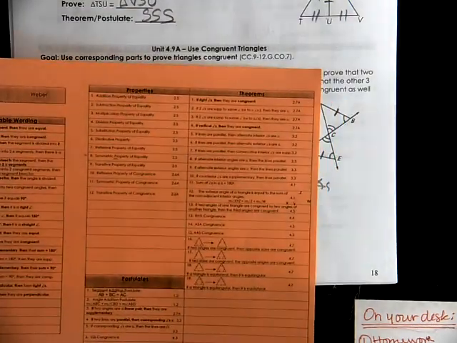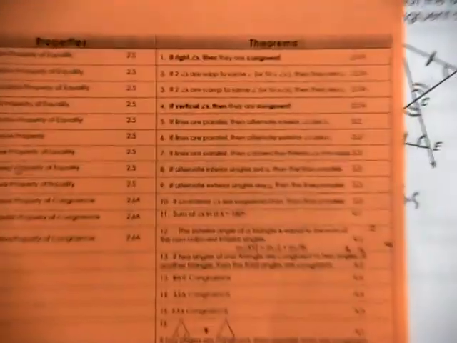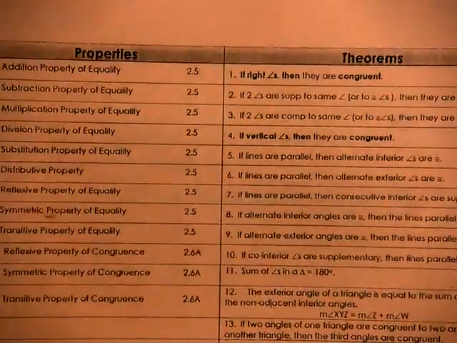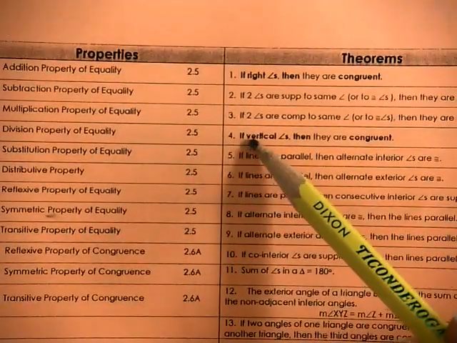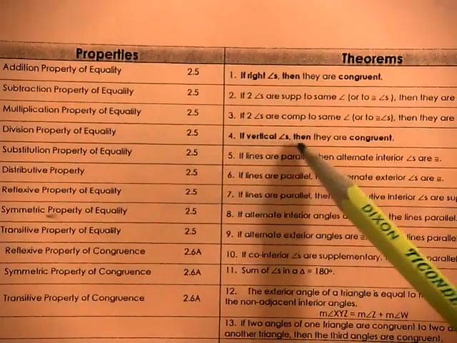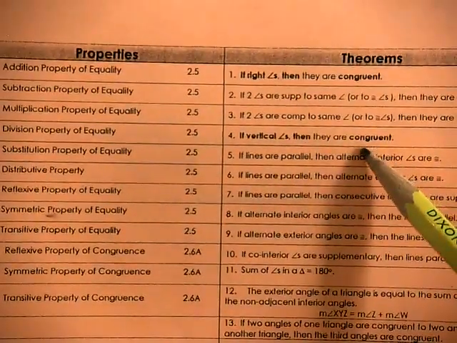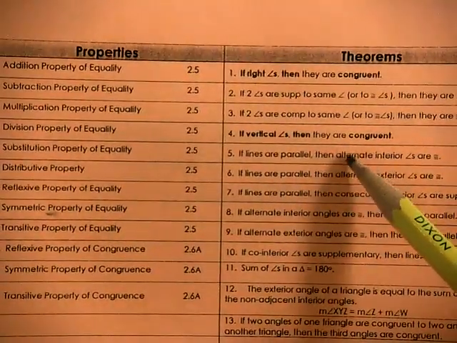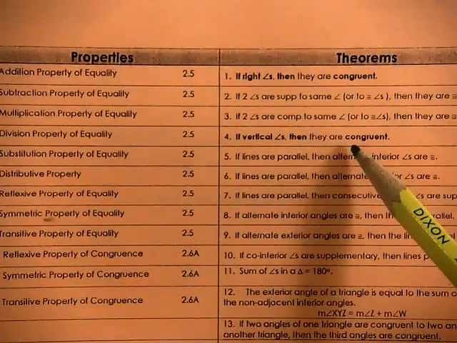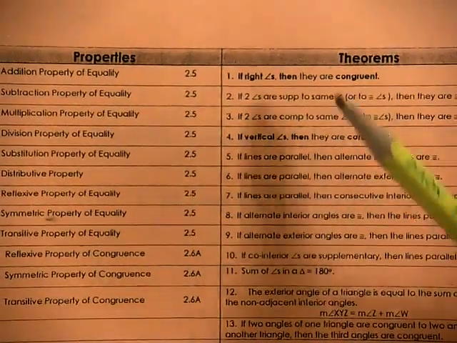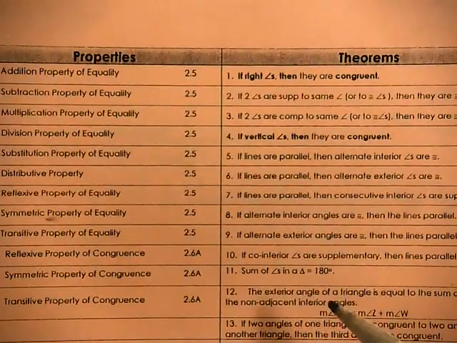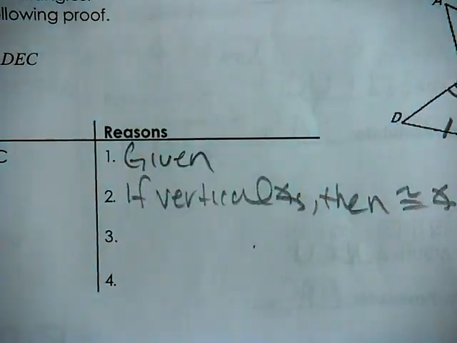On our sheet for words for proofs, you can see it does our wording right here. If vertical angles, then they are congruent, or then congruent angles. So this sheet here will help you with all the wordings that we might use for proofs.